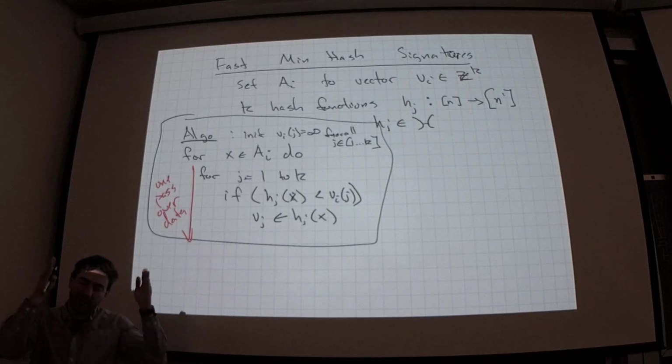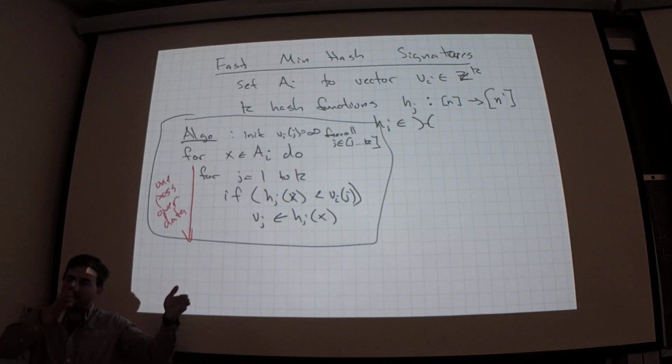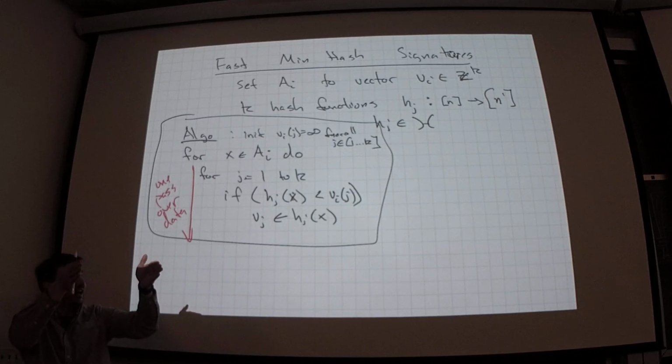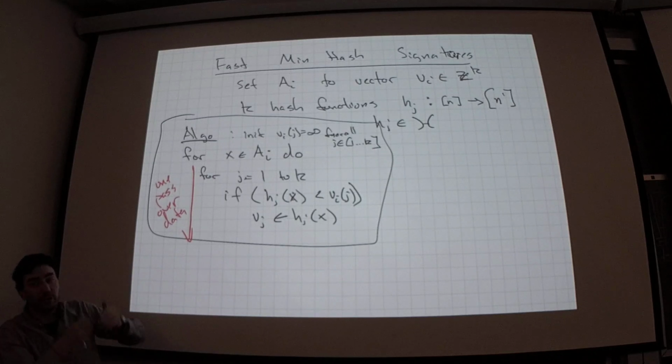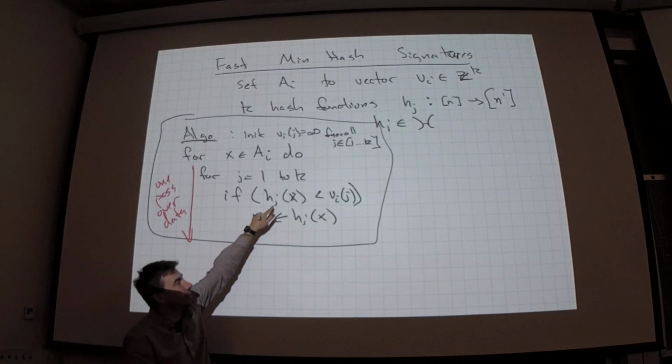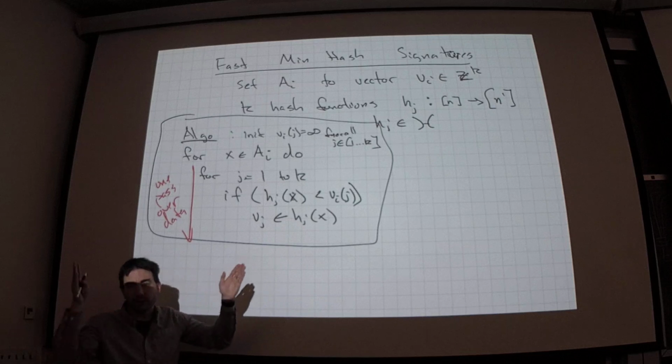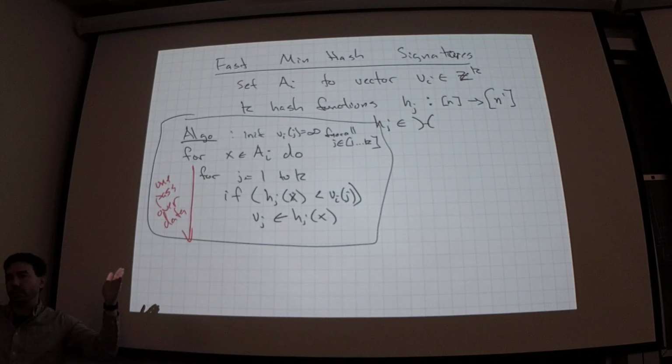If I'm k-gramming a document, I'm reading through the document and creating these k-grams. As soon as I have a k-gram, I don't need to store it. I just throw it into all my hash functions and check if the value is smaller. So I can create these vector representations as I'm reading over my document.